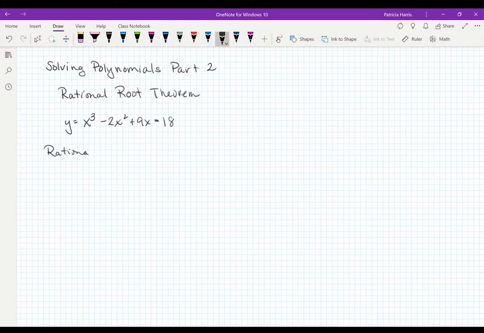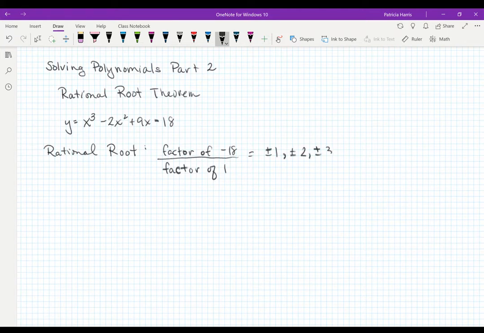what that means is if this thing has a rational root, the rational root will have a numerator that's a factor of 18 or negative 18 over a factor of 1 because that's the coefficient of the lead term, which is x cubed.